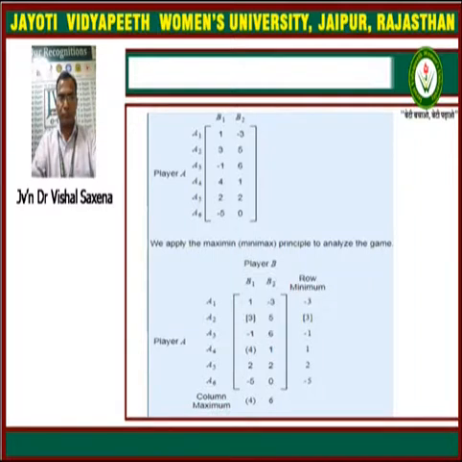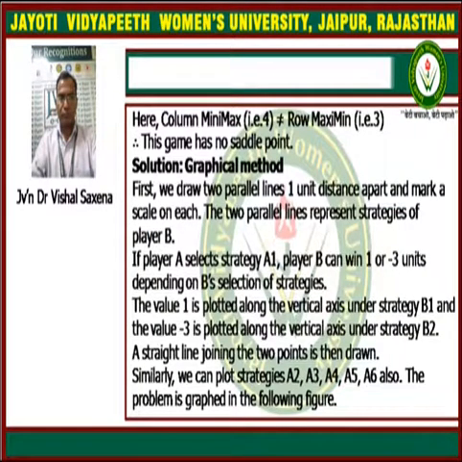So we have found the minimax and maximin values: the row maximin value is 3, while the column minimax value is 4. Because these are not the same, the game has no saddle point.